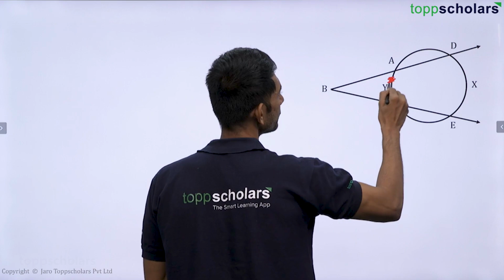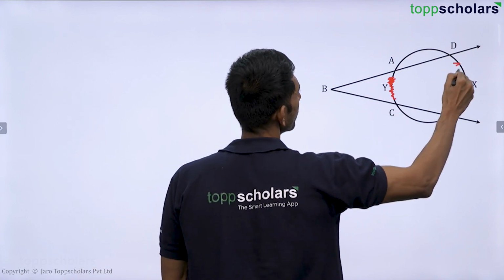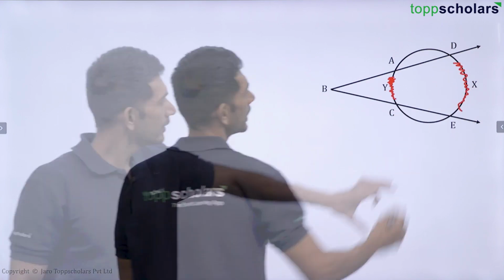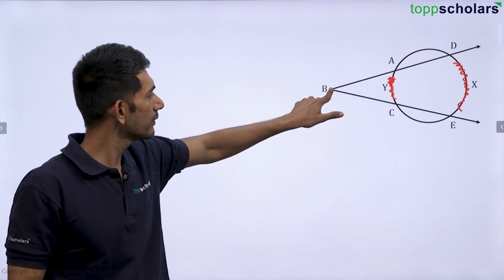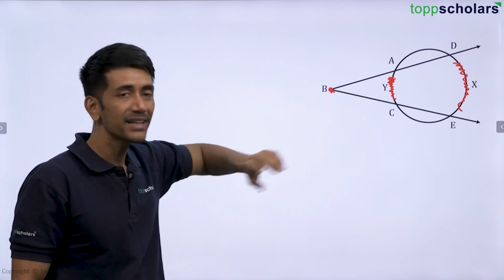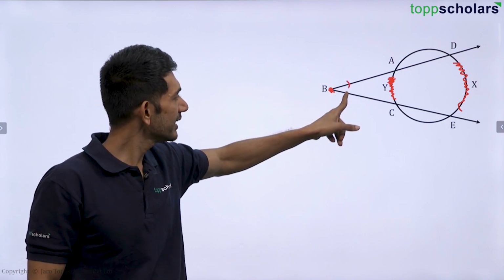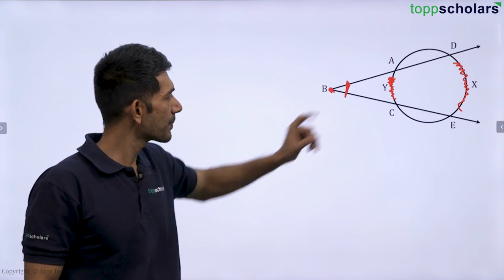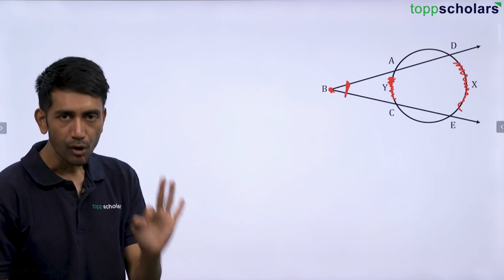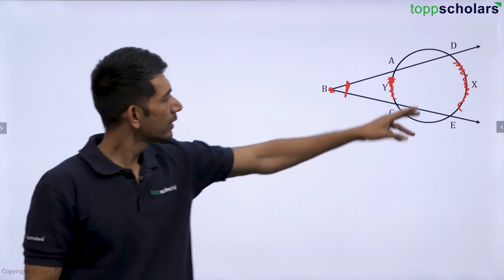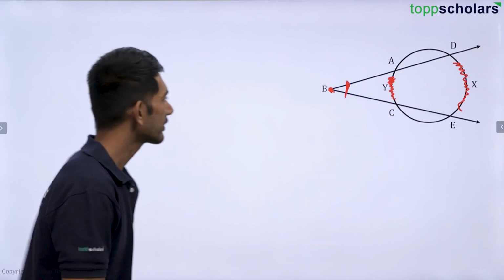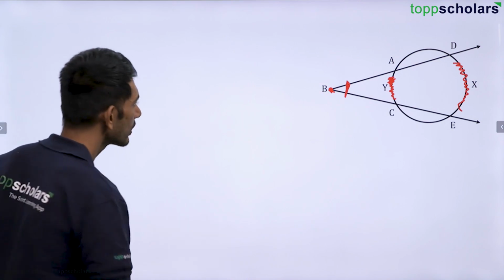This is given. This is given. If the chords meet in the exterior of the circle, then the angle formed between the chords is half of the difference of the two corresponding arcs.